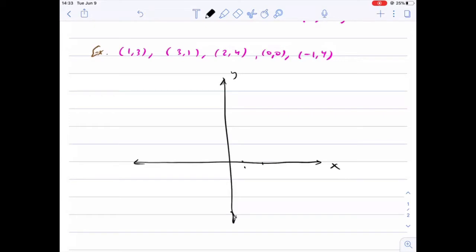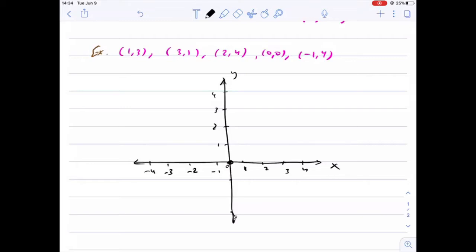Here we have 1, 2, 3, 4, negative 1, negative 2. This is the scale that I chose. As you know, there are infinitely many real numbers between 0 and 1. This is 0, the origin. And between 1 and 2, between negative 2 and negative 3, there are infinitely many numbers, but we usually use this scale.